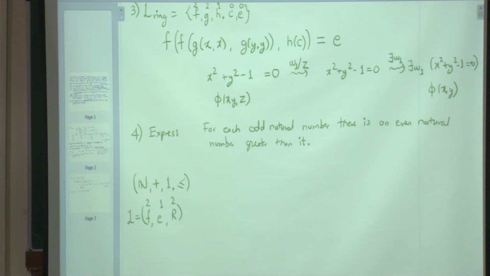Okay. Now let us break this particular statement down. It says that if a number is odd, then there is something which is greater than it such that the number is even.